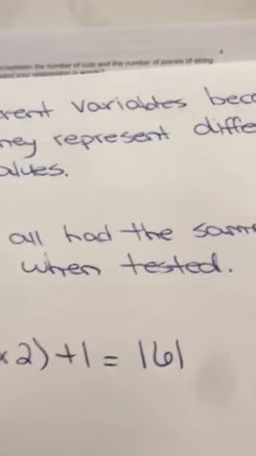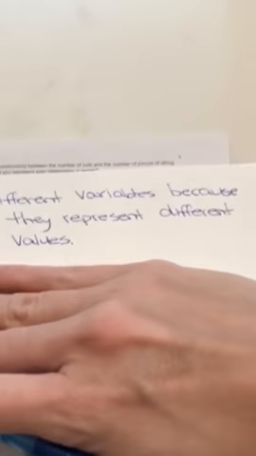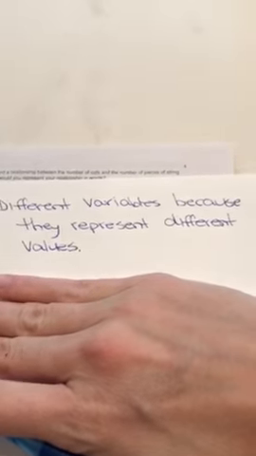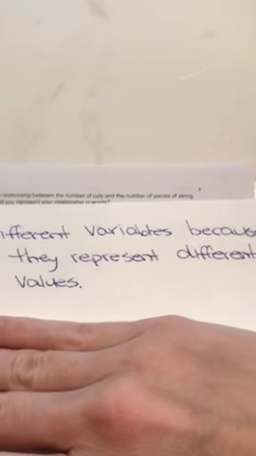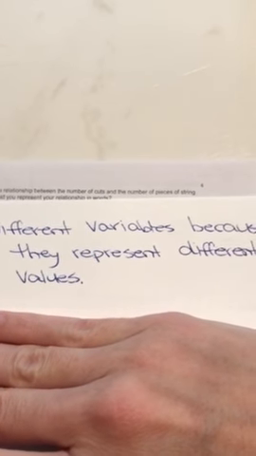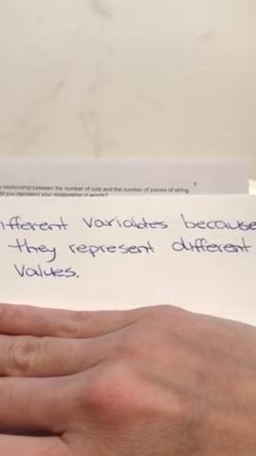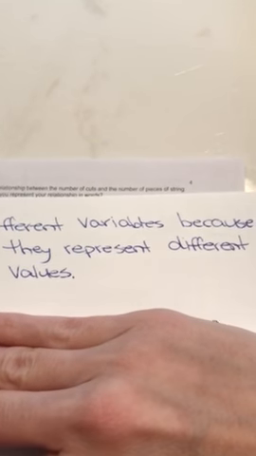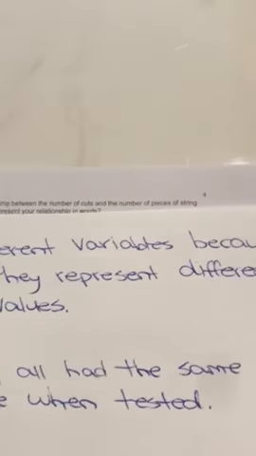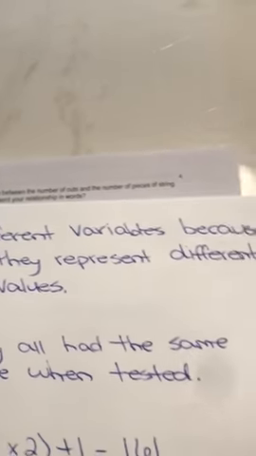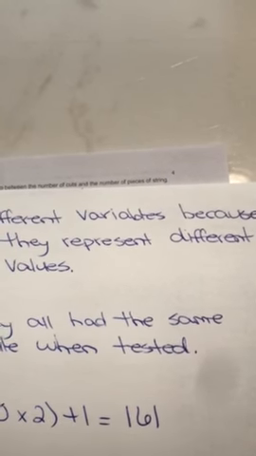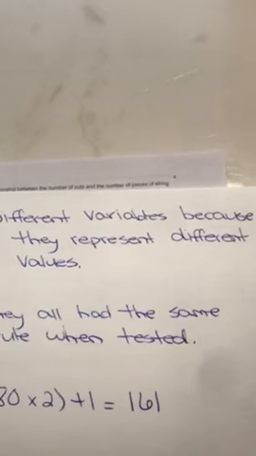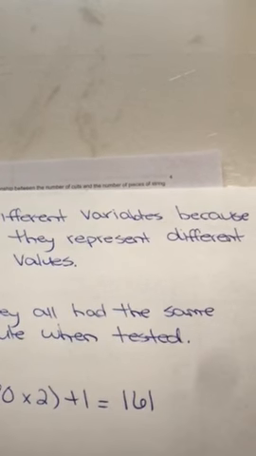We've talked about that before, and I'm hoping for G that you were thinking that different variables are represented by different values. Okay, so different variables because they represent different values.